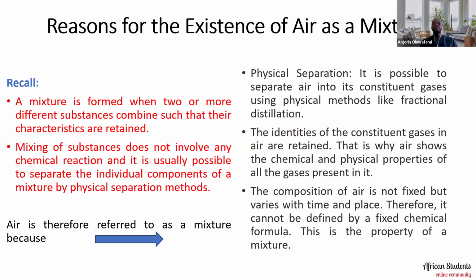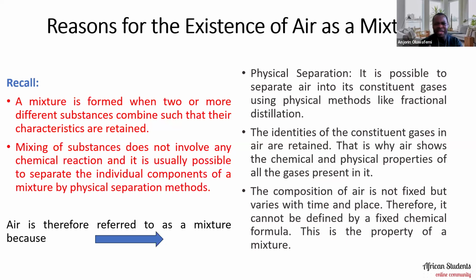Another reason why air exists as a mixture is because the composition of air is not fixed, but varies with time and place. We're going to look at this variation in air composition very shortly.